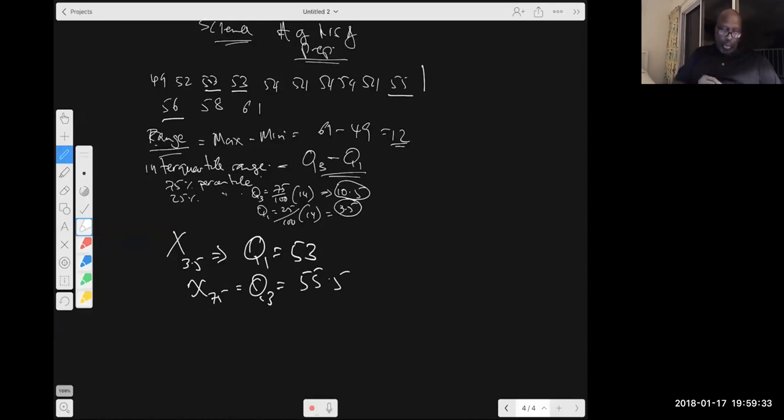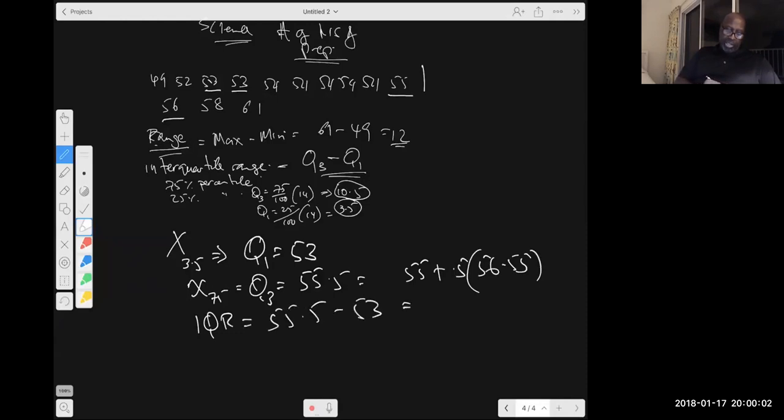If you want to do it the long way, that's equal to 55 plus 0.5 times 56 minus 55. There's only a difference of 1 between those, so half of 1 is a half, and I just add that 0.5 to the 55. So now my interquartile range, IQR, is 55.5 minus 53, which is 2.5.